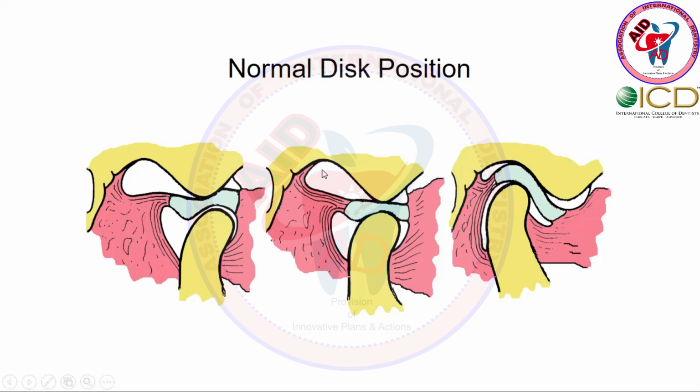With the movement of the disc, the superior joint space and inferior joint space are enlarged. At the maximum movement of the joint, the disc remains right there at the eminence level, and the condyle slightly moves forward, and the whole joint is stretched. The superior joint space is very much bigger, the inferior joint space is slightly less, and the whole posterior portion is filled with blood. So this movement is called translational movement.